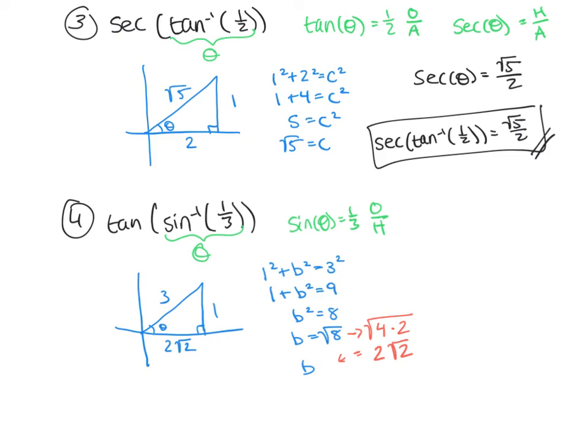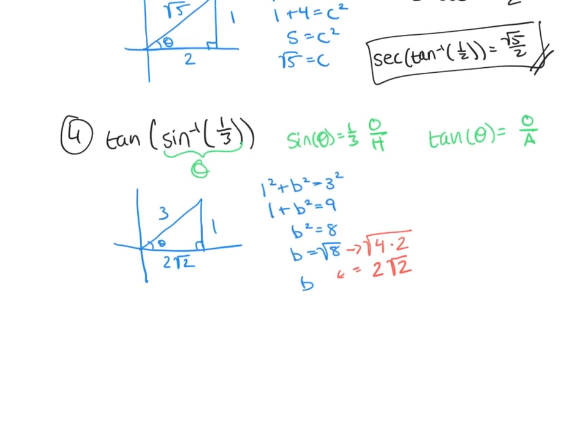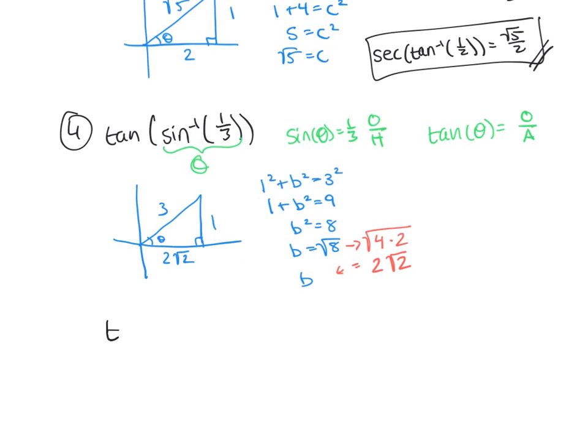When we're plugging this back in to find tangent of theta, just a reminder, tangent is the TOA of your SOHCAHTOA, so that's opposite over adjacent. We're going to have that tangent of theta is opposite, 1, over adjacent, 2 times the square root of 2.